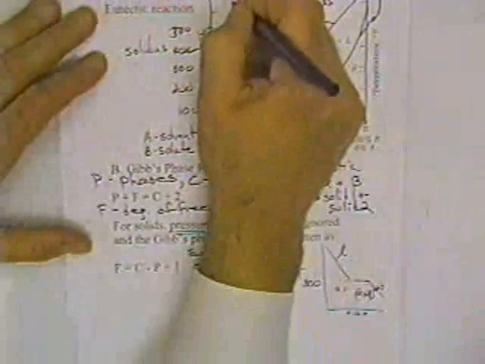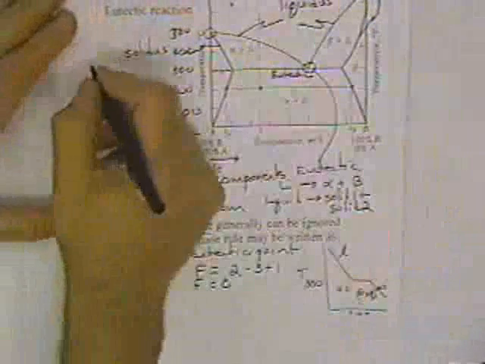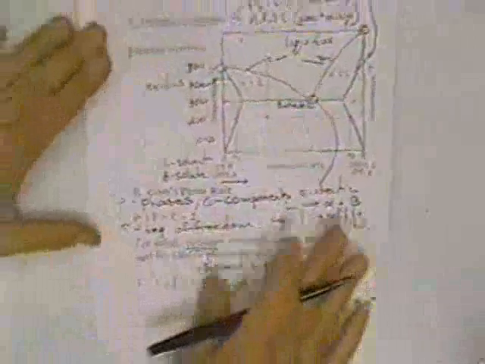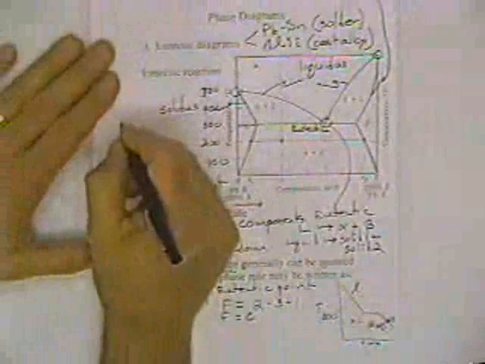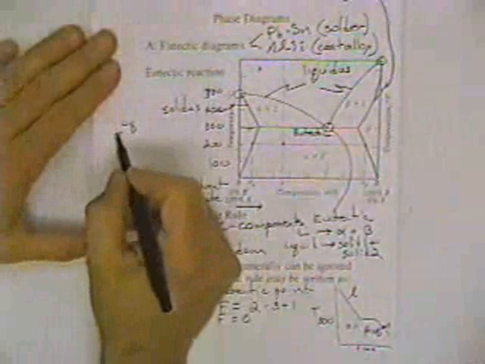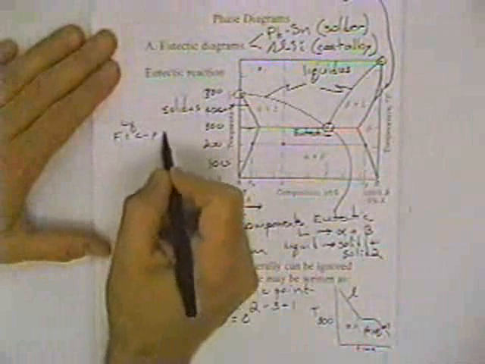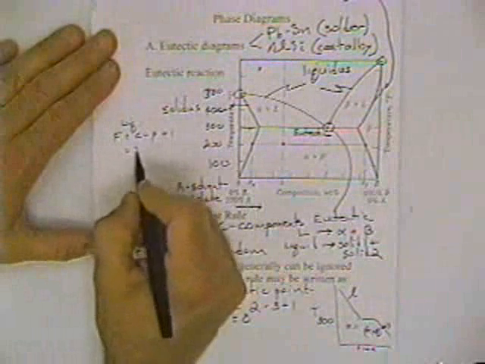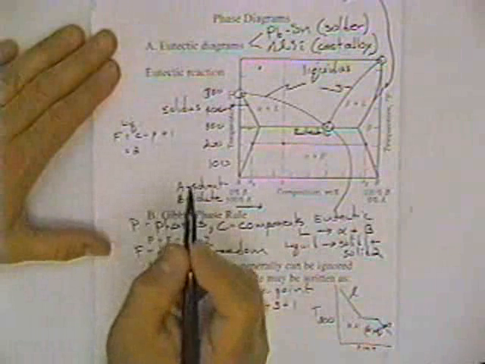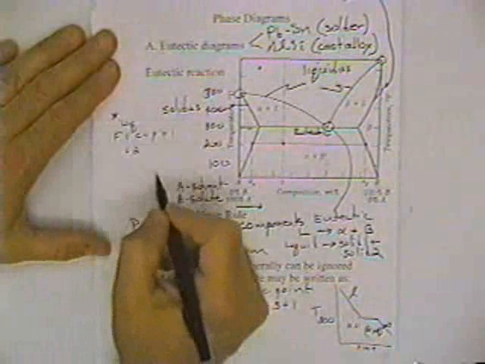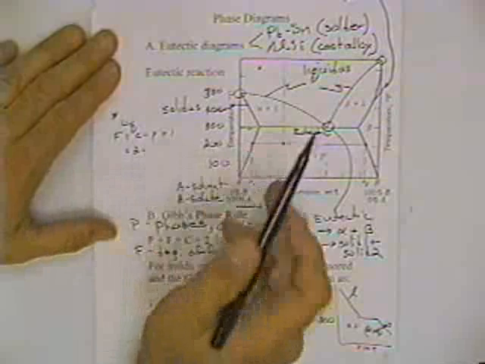Let's try a little example up here. So in the liquid range, how many degrees of freedom? We can write it F is equal to C minus P plus 1. We have 2 components. How many phases?